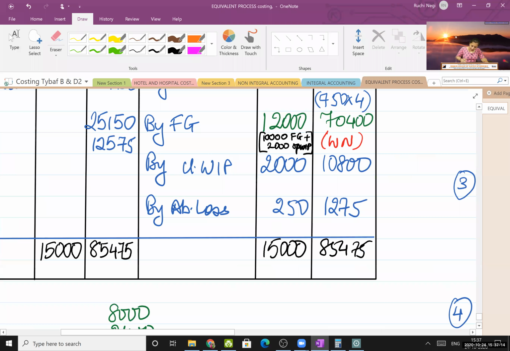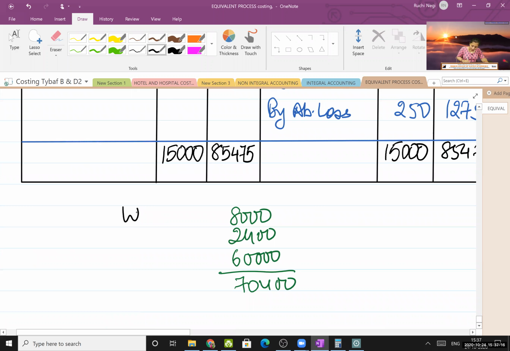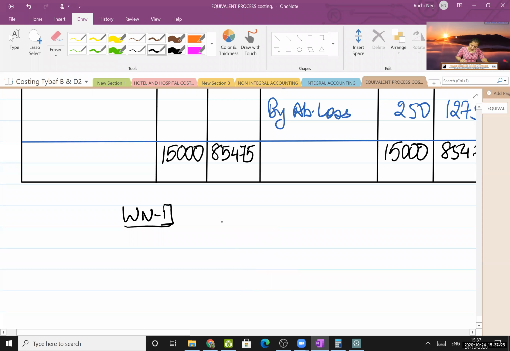Working note number 1. Please do this working note. Working note number 1. So yeah, write it down. Opening WIP cost is how much? 8,000. Okay, then finished goods.